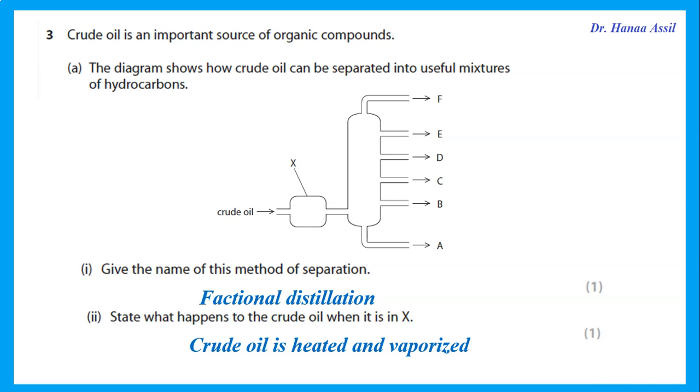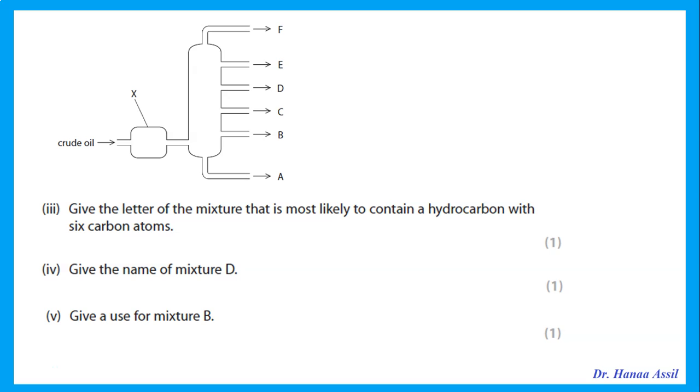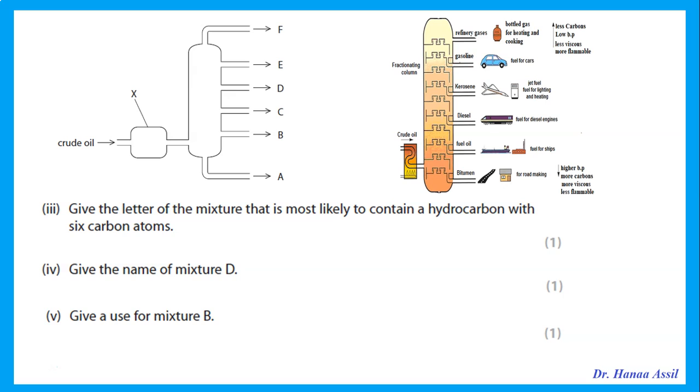at different boiling points. Give the letter of the mixture that is most likely to contain a hydrocarbon with 6 carbon atoms. Remember, when we separate them, you are required, first of all, to know the order in which they come out and the uses for each one.